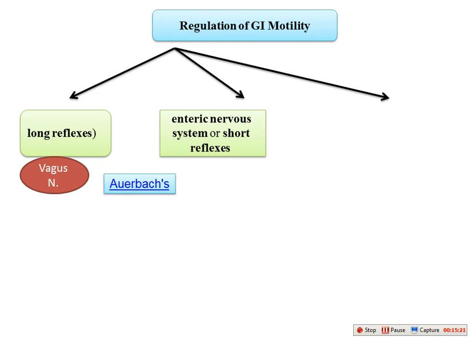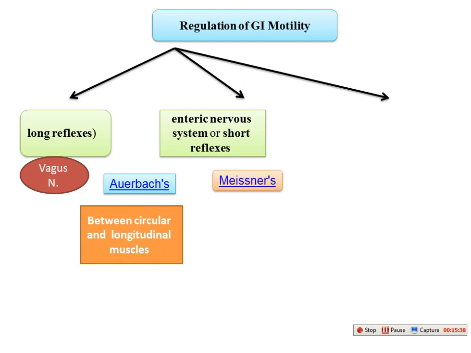We find the nervous system between the longitudinal and circular muscle layers. We call it Auerbach, and Meissner is found in the mucosa layer.